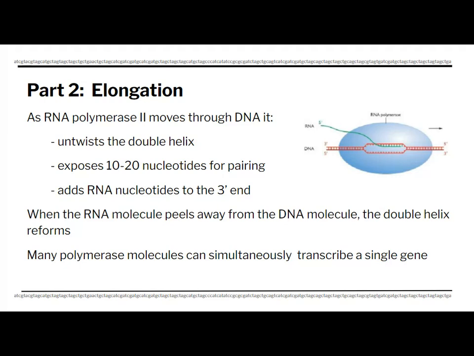Many polymerase molecules can simultaneously transcribe a gene. So one RNA polymerase can start on a gene, and then before it's done, another one can get on there. If the gene itself is long enough, another one can get on there. As long as there are enough transcription factors and enough RNA polymerase 2s, they will just go and go and go and go.